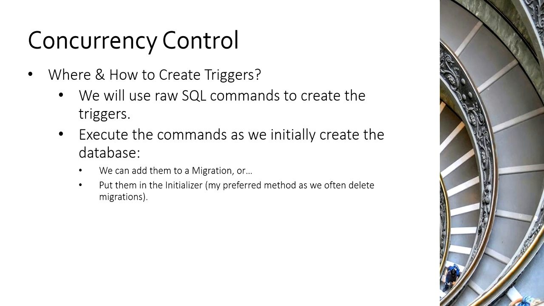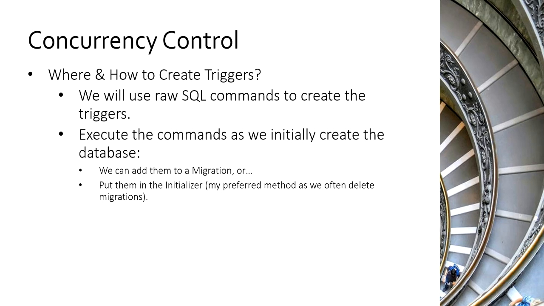If things get messed up or out of sync a little bit, sometimes the best solution is to wipe out your whole migrations folder and delete the database. Remember, we're just in development stage here, right? Then add a brand new migration that captures the current state of your model in one complete migration, and away you go. Trouble is, if you have your raw SQL commands right in the migration, and you just deleted it all, you've got to do extra work to get it back into place. We avoid that whole issue by putting them right in the initializer.